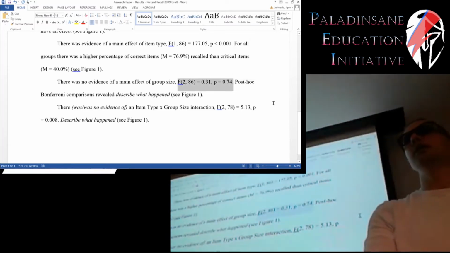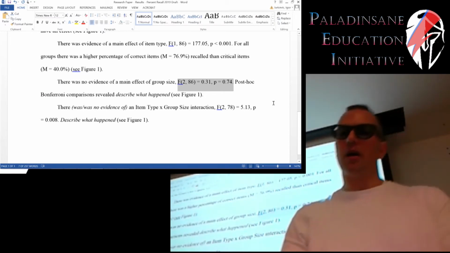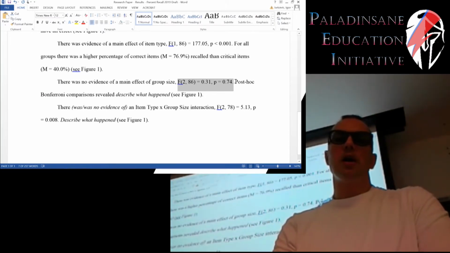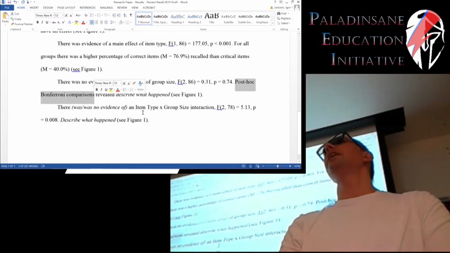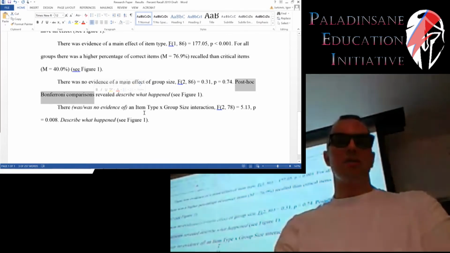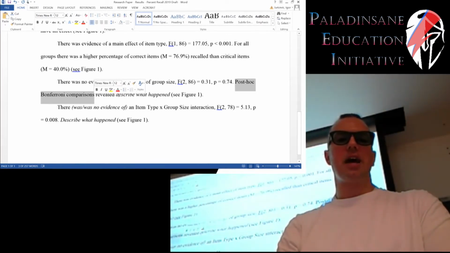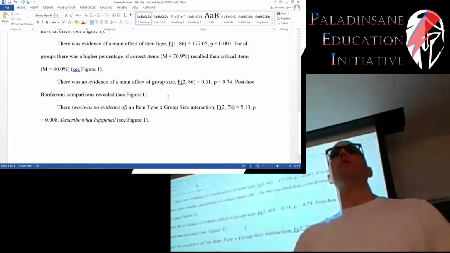Do the numbers look right? Just need to double check. Numbers are good? All right. Post hoc Bonferroni comparisons. That's just a fancy way of saying a technique that you use to make multiple comparisons. Again, you'll learn about that in stats. Revealed what? What happened for group size?